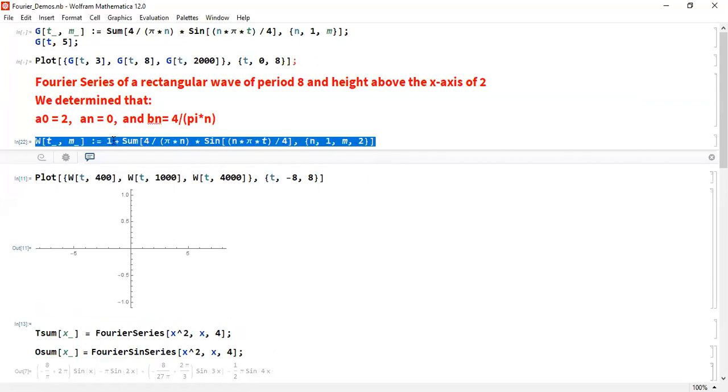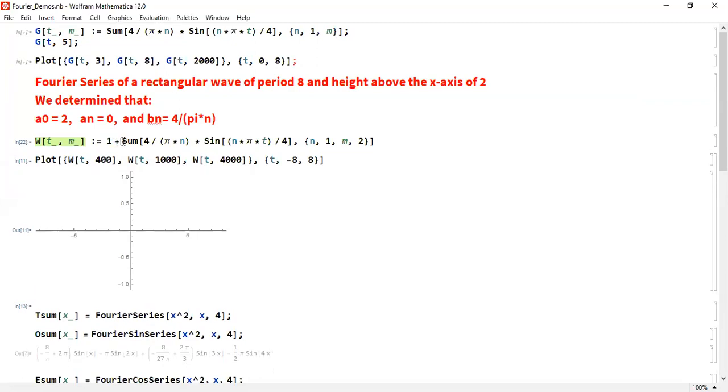So again, this is like a partial sum. So this one is our A naught, and then this command says sum stuff up, and then this says 4 over pi n, that was the coefficient bn that we computed, and then we got only the sines that are going to contribute.